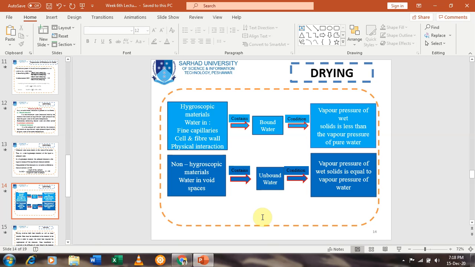The water content of hygroscopic material is bound water, and in non-hygroscopic material it is unbound water. For bound water, the vapor pressure of the wet solid becomes less than the vapor pressure of pure water, while for unbound water, the vapor pressure of the wet solid is equal to the vapor pressure of water.